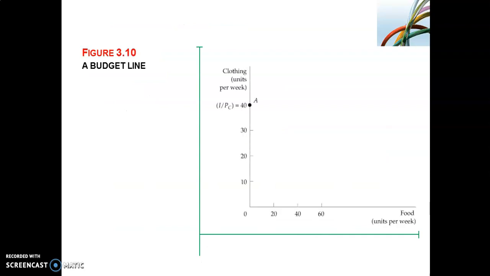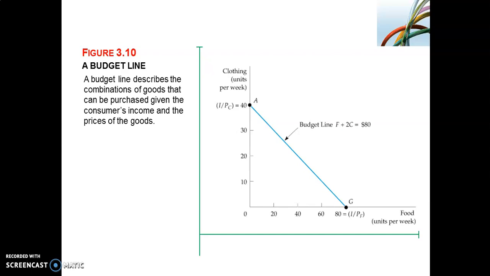Now, figure 3.10 illustrates the budget line, or the information from table 3.2. A budget line describes the combinations of goods that can be purchased given the consumer's income and the prices of the goods.